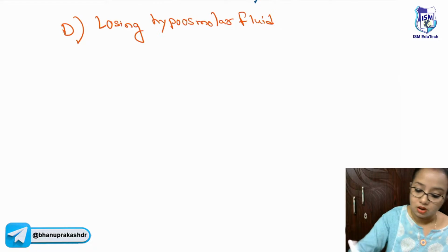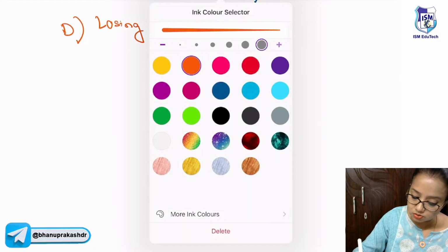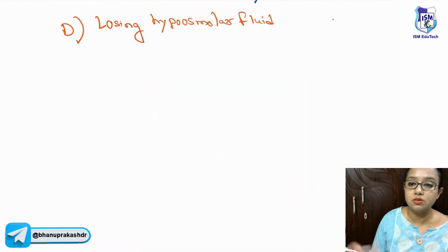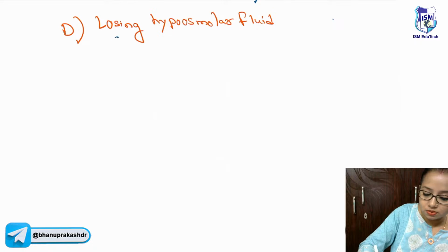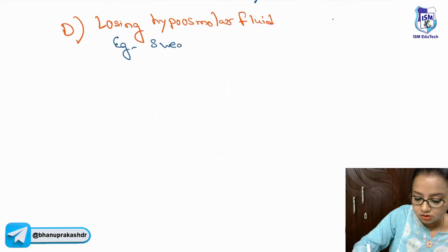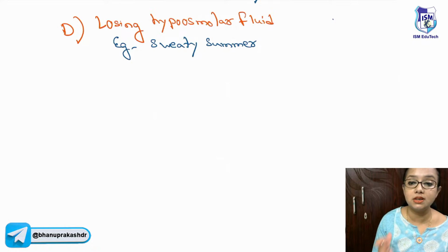Losing hypoosmolar fluid. So that was gaining osmolar fluid. This is like losing the hypoosmolar fluid. So when do we usually lose hypoosmolar fluid? In sweaty summers. Example, sweaty summer. When you are sweating out.